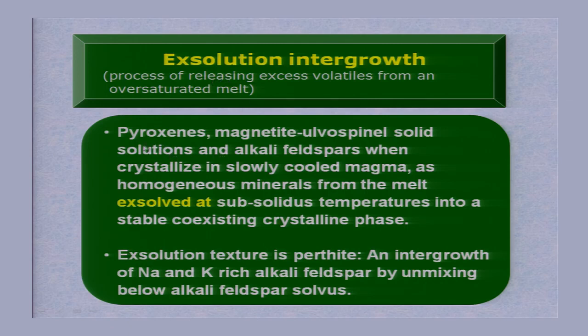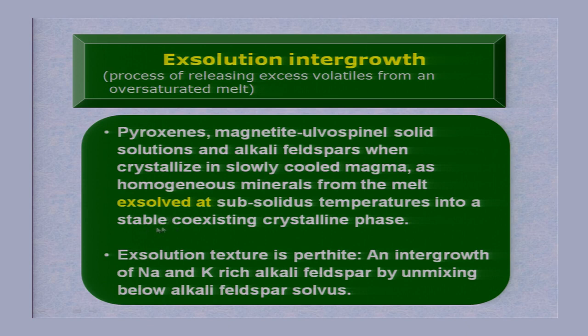I am citing an example of pyroxenes, magnetite-ulvospinel solid solutions and alkali feldspar, when crystallized in slowly cooled magma as homogeneous minerals from the melt, exsolve at subsolidus temperatures. See carefully, when the magma contains an excess amount of volatiles and it crystallizes under subsolidus temperature, the exsolution phenomenon takes place.